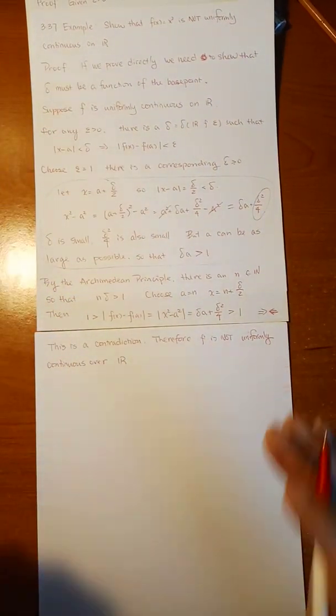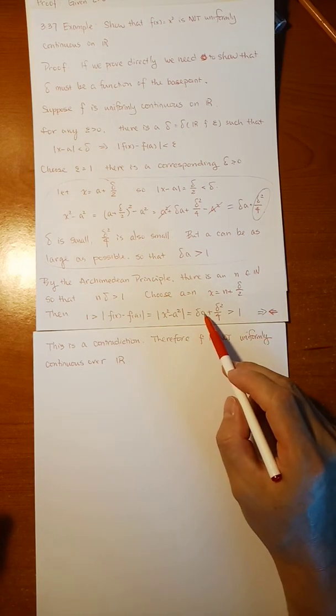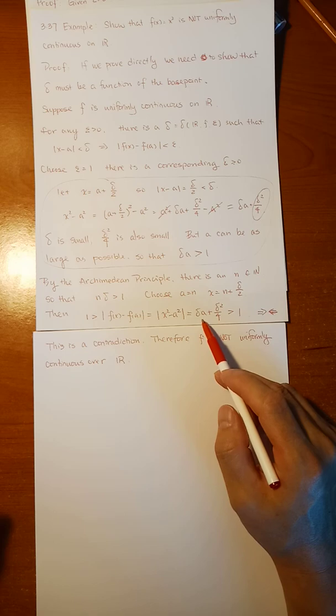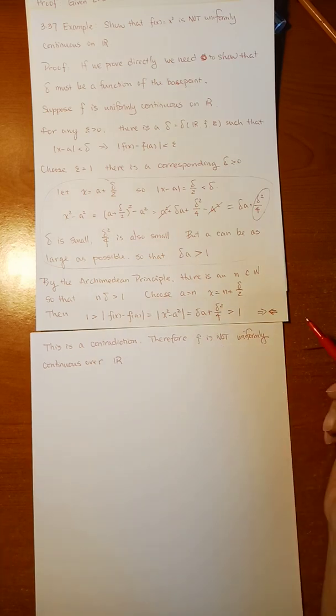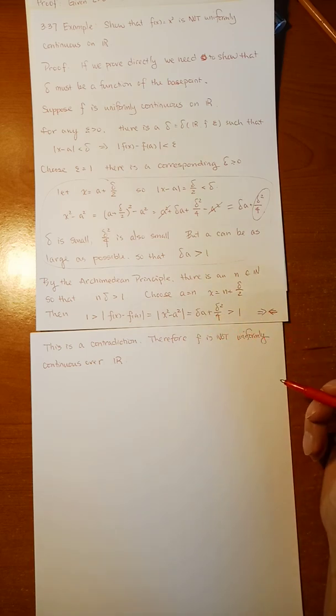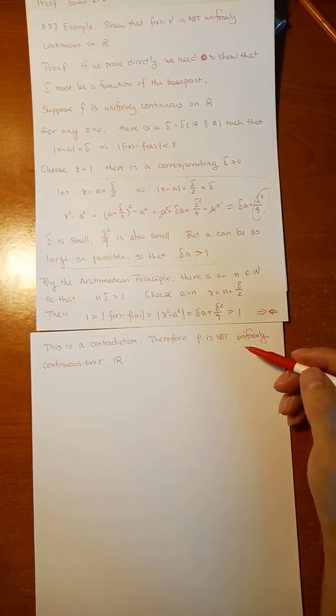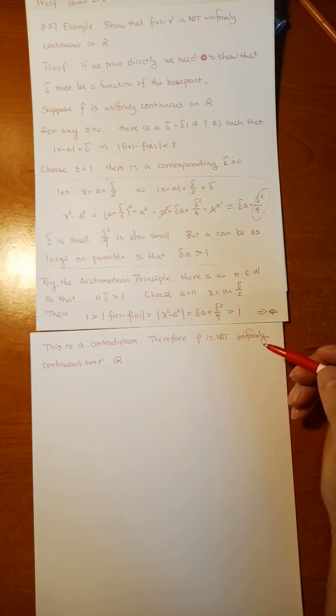If it's bounded, then it's always uniformly continuous. But if it's unbounded, this A can be chosen as large as possible, so it makes A times delta extremely large. Okay, so this is an example of a non-uniformly continuous function. This comes from the unboundedness of the domain.